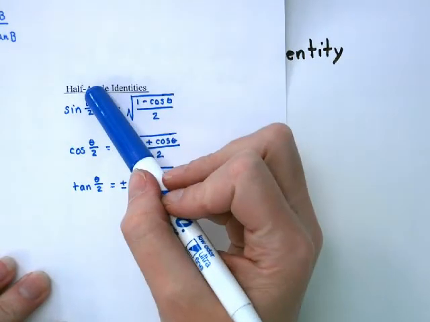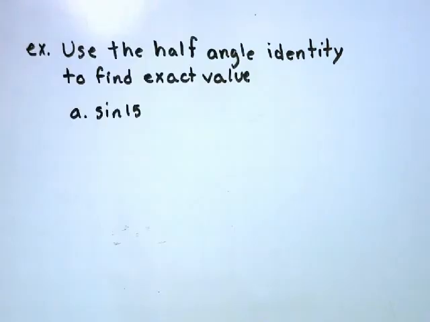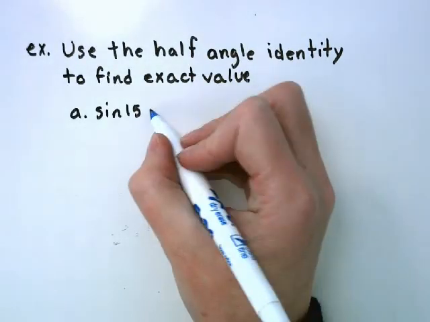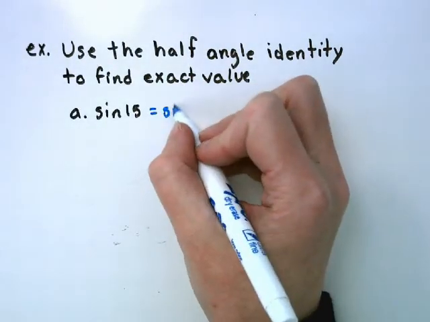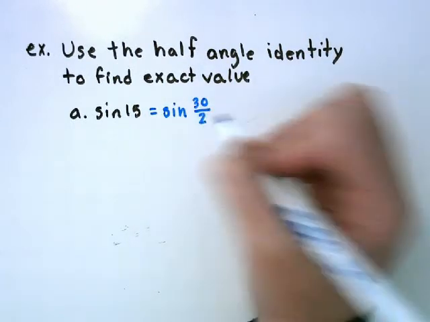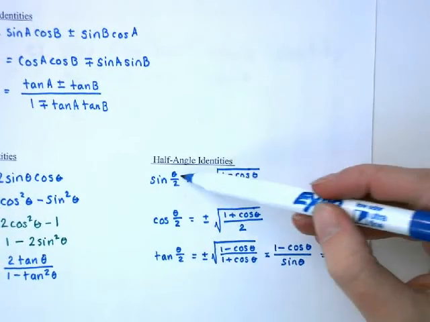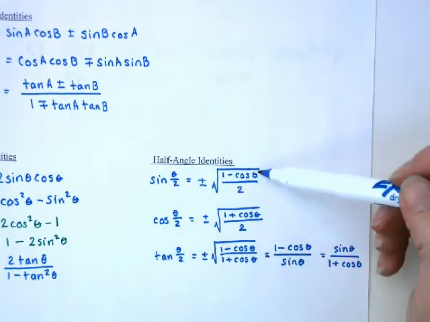So we want some theta over 2. And I'll talk about the plus or minus here in a minute. So this is going to equal sine of 30 over 2. Okay, so I'm just changing the 15. So now in my equation, the theta is going to be 30.